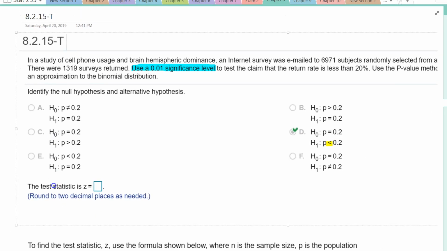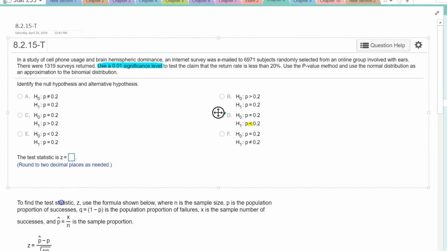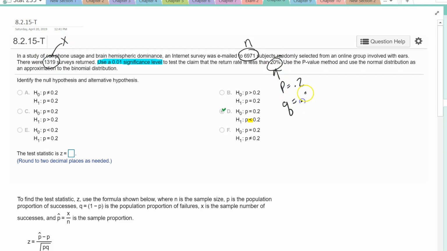So on this problem, we are asked to calculate the z-statistic for this test where we're given this information. This would be n, this would be x, p would be 0.2, and q would be 0.8, so we take 1 minus 0.2 to get q.